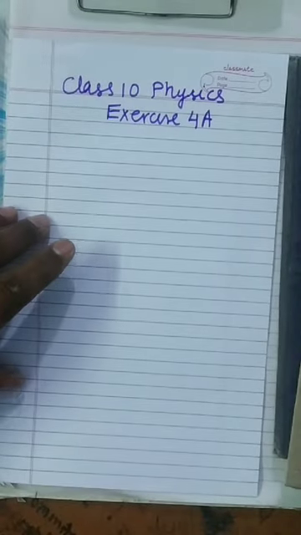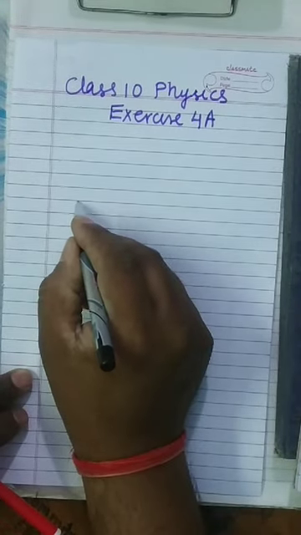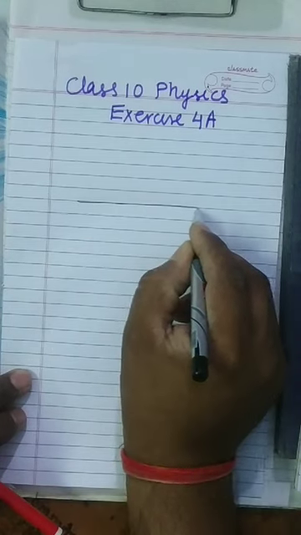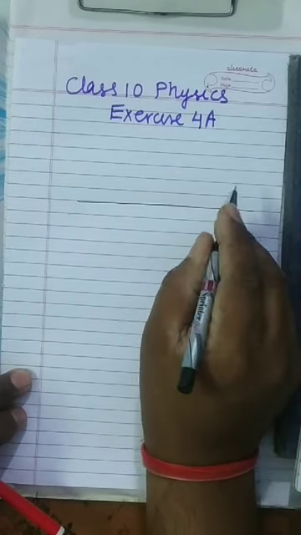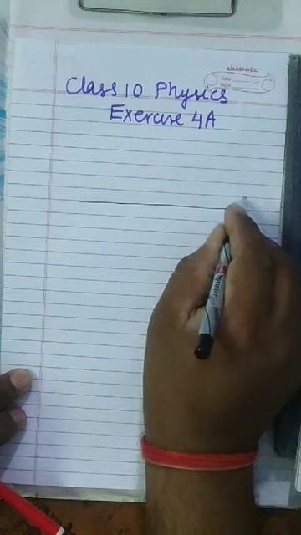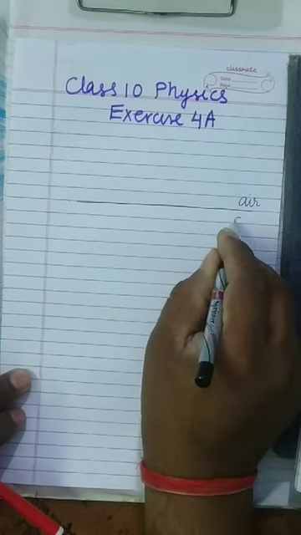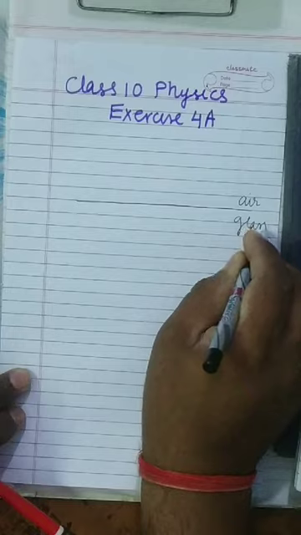As you know, one ray is of red color and the other is of violet color. If we draw here, the refracting surface is this, which is separating air and glass. Here this is air and this is glass.